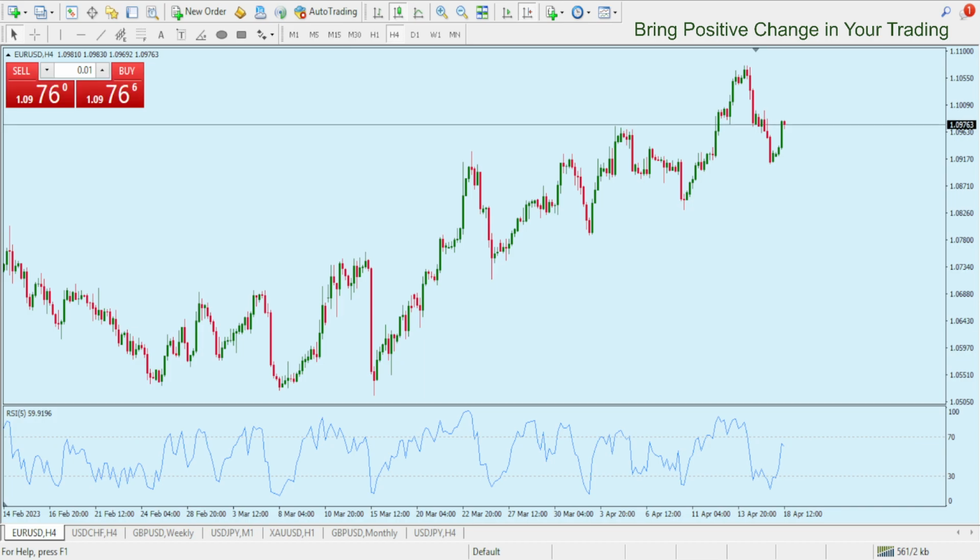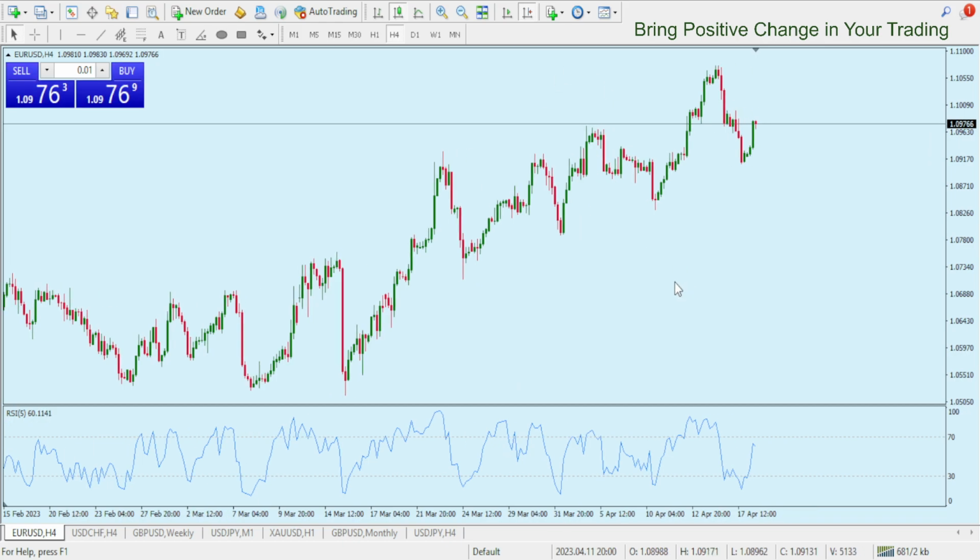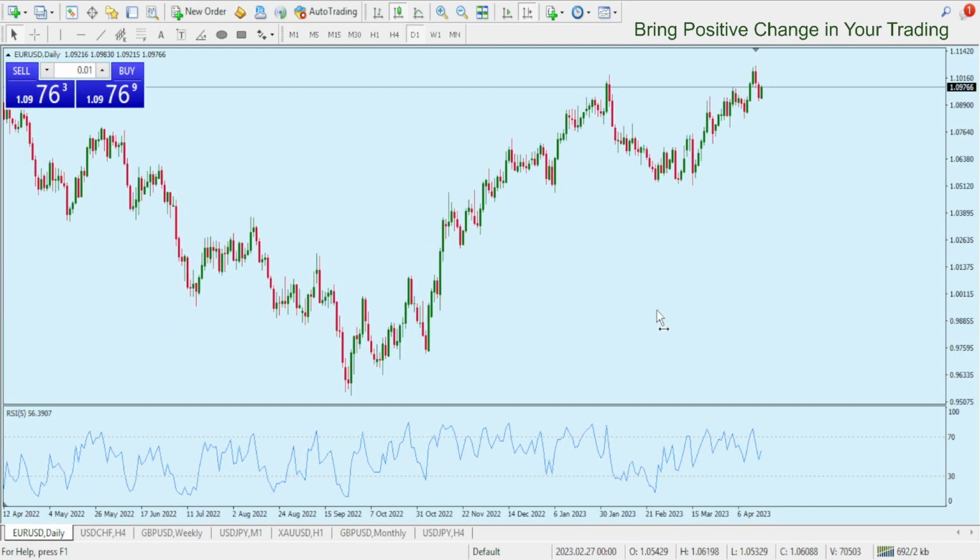Today I'm going to discuss Euro, US dollar and this is a forecast which will be valid for 18th and 19th April 2023. Obviously I have discussed Euro, US dollar in my weekly Forex forecast video or session I should say.